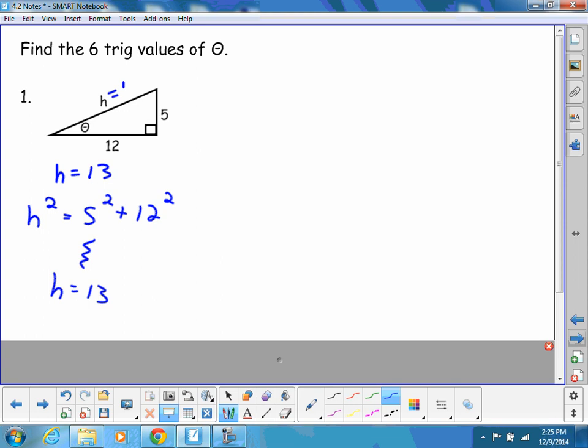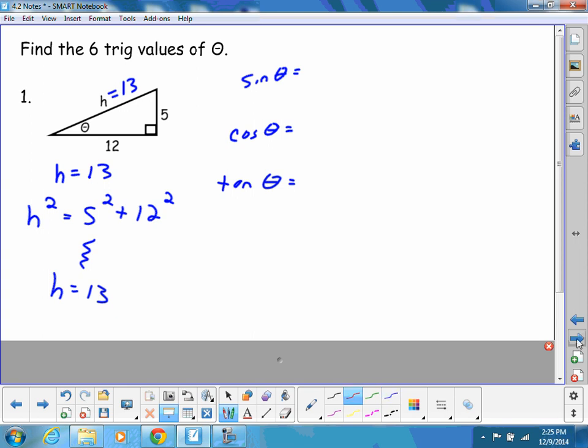All right, so now it says find the 6 trig values of theta. All right, so I want to find sine theta, cosine theta, tangent theta. Notice I talk about finding my angle, and I don't need to know my angle. Okay, so the first thing I do is I look from theta.